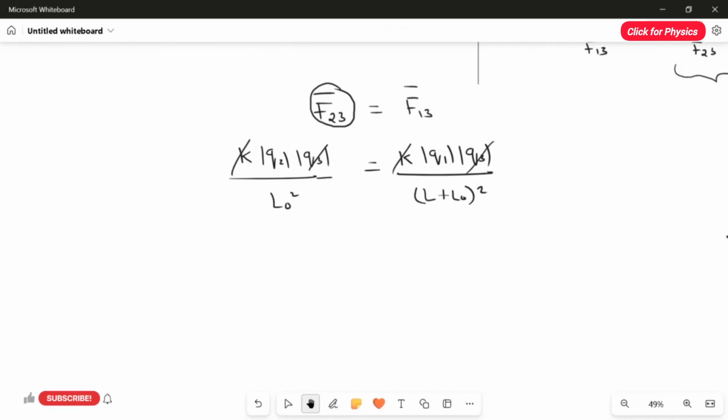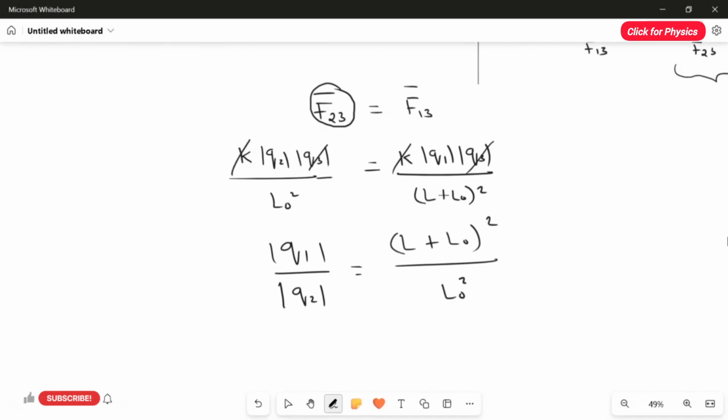Now I am going to separate the charges to one side and the separation distances to the other side. Let's move this Q to this side, and move this (L plus L naught) square to the left-hand side numerator. So you will get |Q1| over |Q2| equals (L plus L naught) whole square over L naught square.